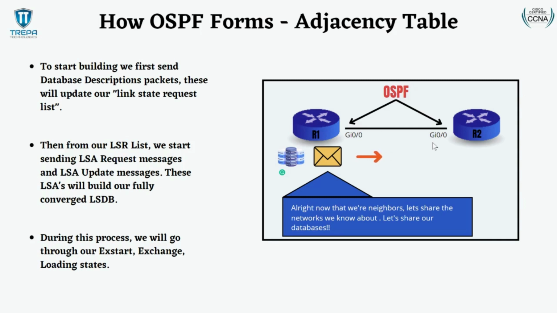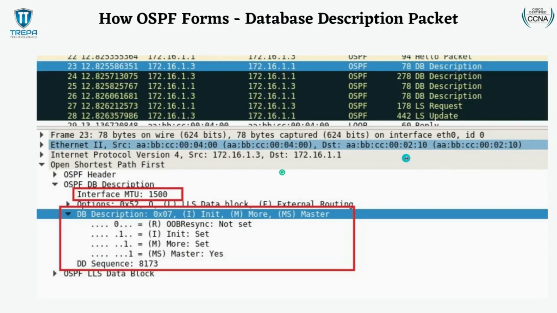And then from our link state request list, we start sending LSA request messages, LSA update messages, and then acknowledgments as well. And this is what's going to allow us to fully converge our link state databases. This is the LSA flooding. So during this process, we will go through our ExStart, exchange, and our loading states, leading us to a full state.